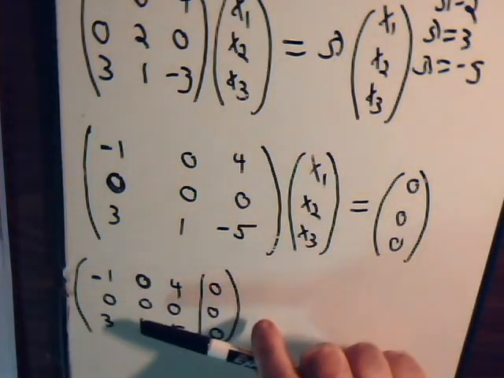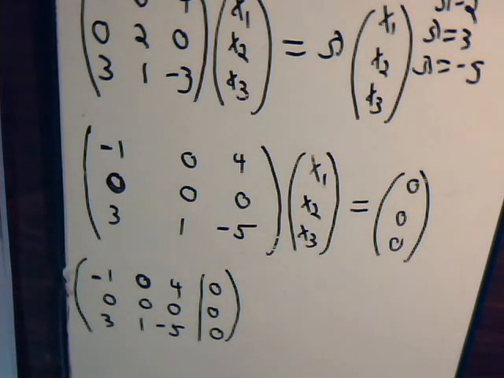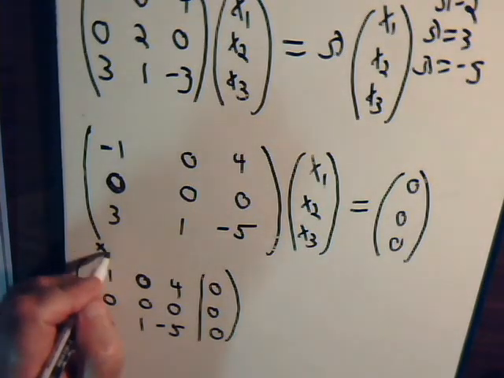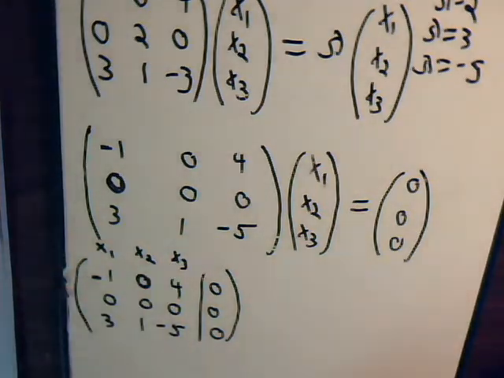This would be the coefficients of x2. This would be the coefficients of x3 in those 3 simultaneous equations. So x1, x2, and x3.